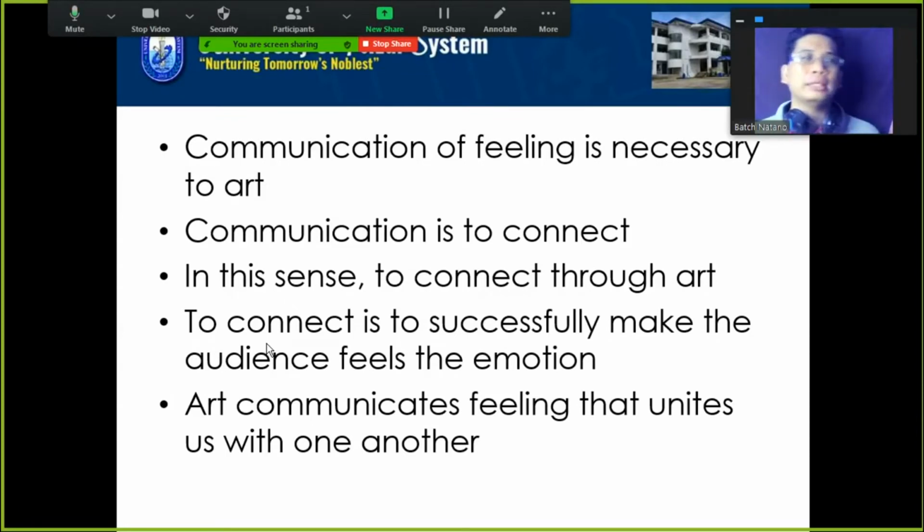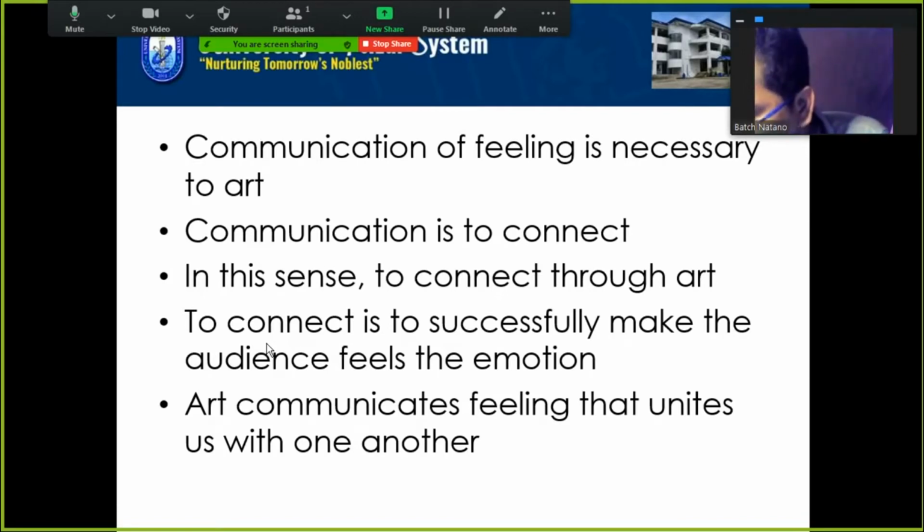Totoo, nakakaapekto yun at some point. Pero if we're very critical of the things that this artist did, yung kanyang mga artworks, we have all the rights to say na hindi natin nagustuhan, regardless kung pangalan ng tao ay sikat na o hindi.